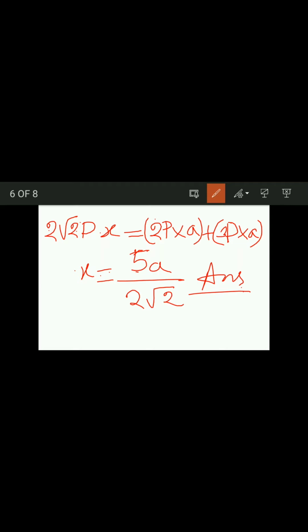Now if you want to find the value of h, then in a similar way you have to take moment of the forces about A and equate the same.